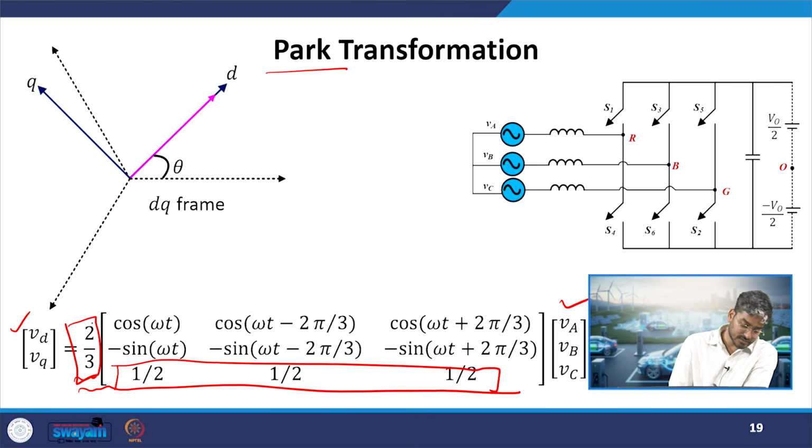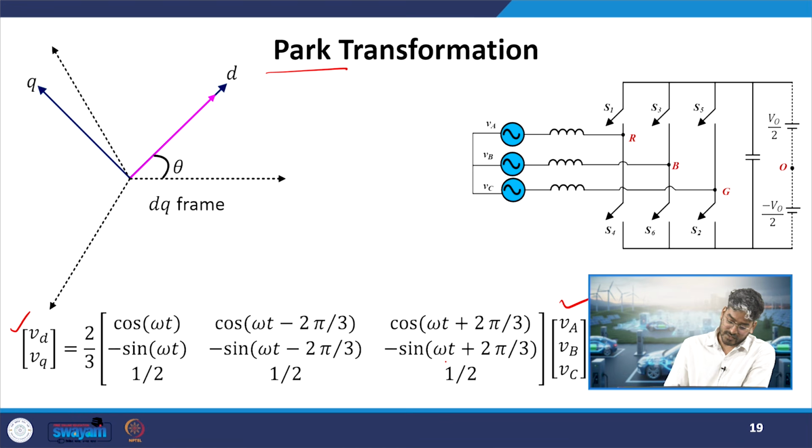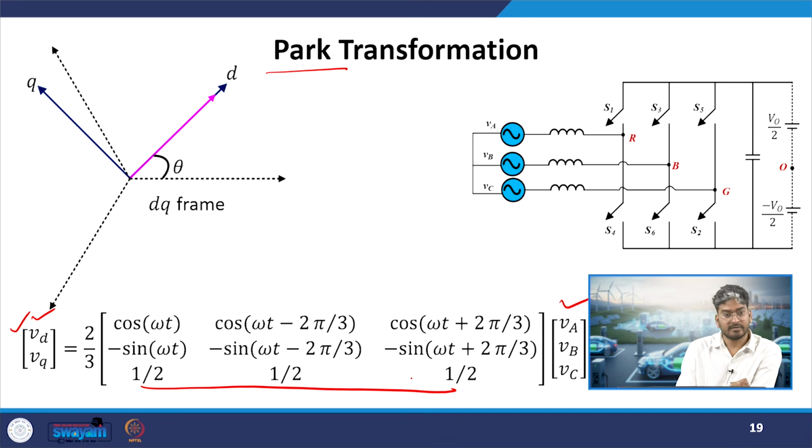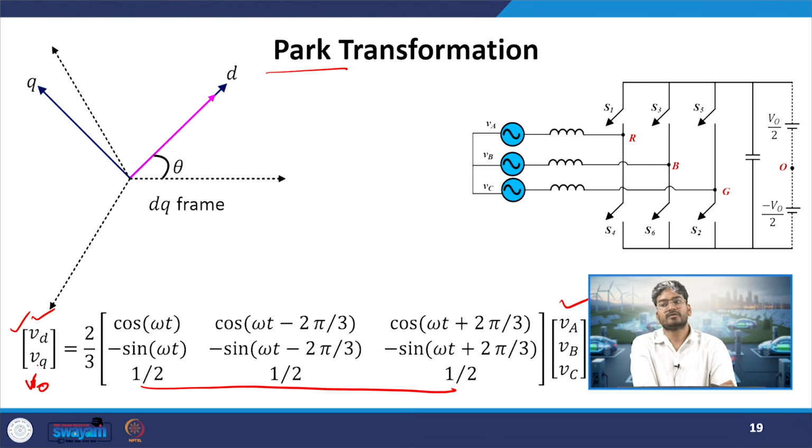Here we have considered one particular example where we have 2 by 3 as our multiplying factor and half as my third quantity. Here we have the result of two quantities, but also a third variable, V0. What is V0? V0 is the zero sequence component, which comes into picture when we have some type of unbalance and we have a four wire system.